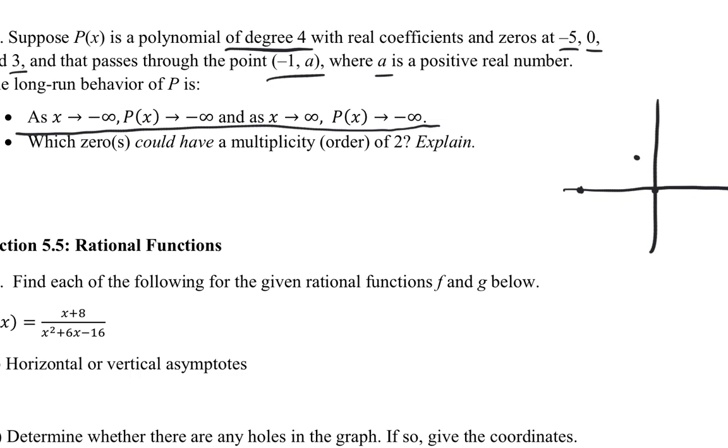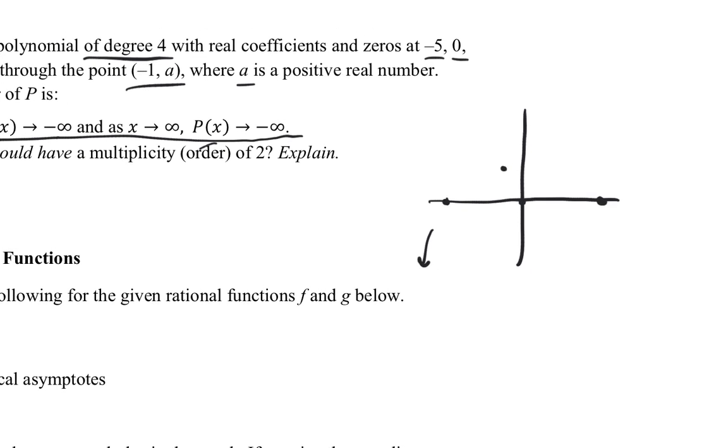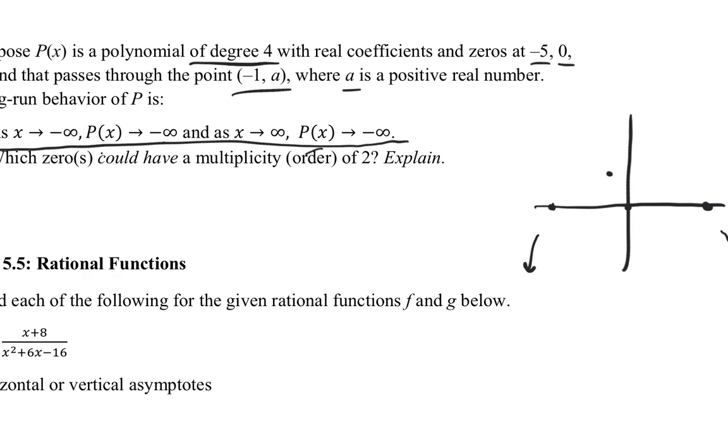Now, what I'm going to do is just go through what each of these could look like. I'm also going to plot what we have here. So as x goes to negative infinity, p of x goes to negative infinity. So we're going to have something that looks like this. And as x goes to positive infinity, p of x will also go to negative infinity.